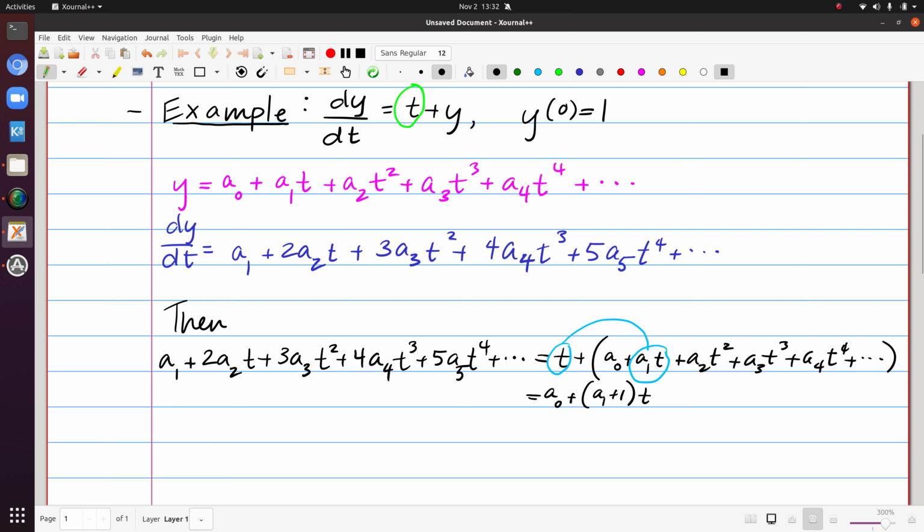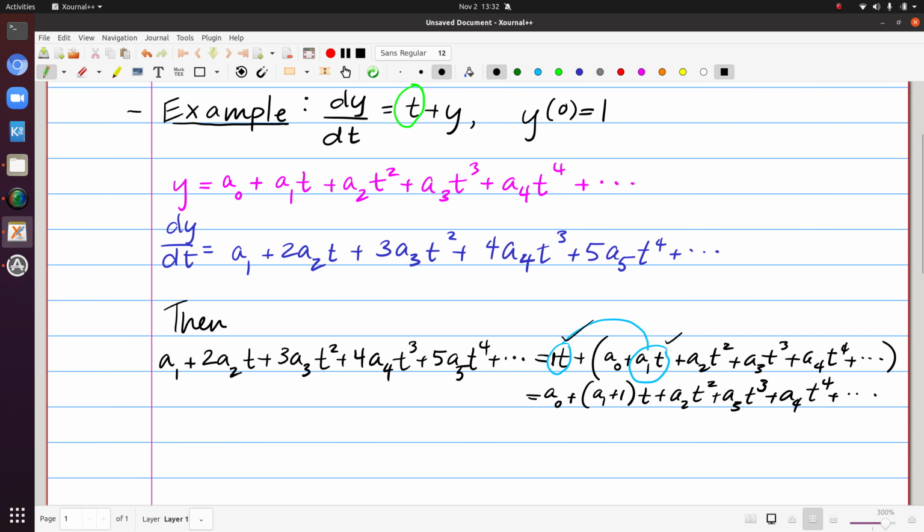And again, that's a reflection of bringing the 1 times t that I have out front into the parentheses. So if I were to distribute this t through here, I'd have a1t, which is here, and I'd have 1t, which is here. The rest of these terms are unaffected because their powers of t are different than what was added to the set of parentheses.